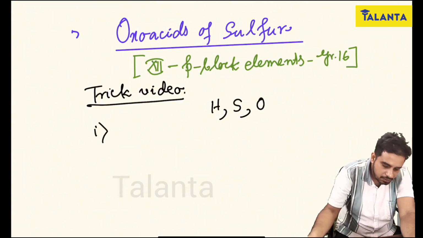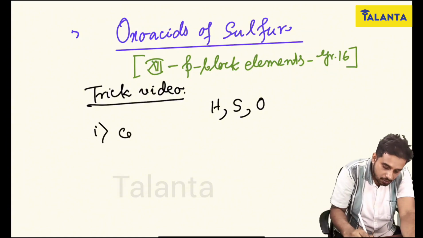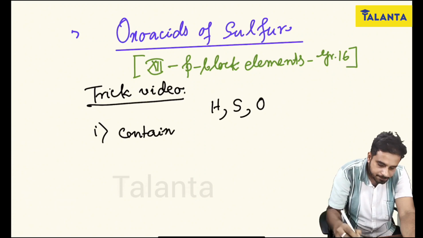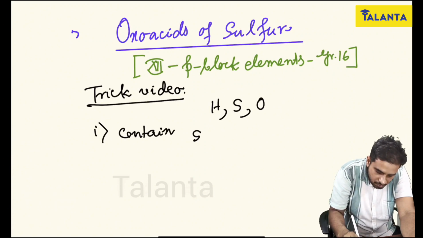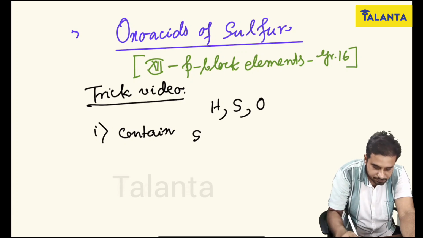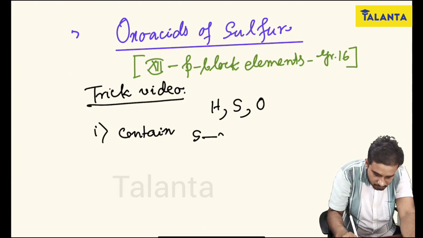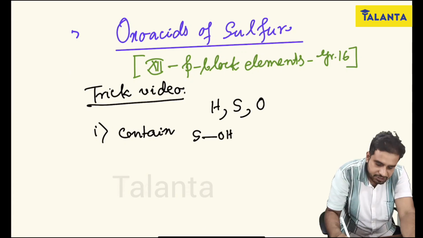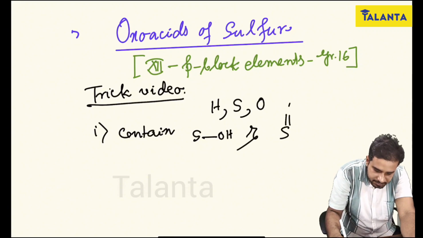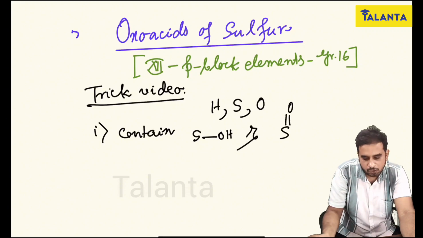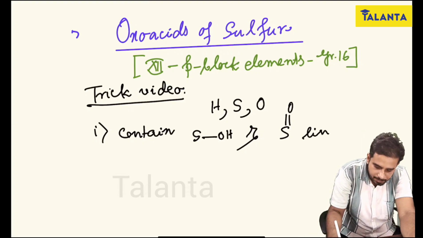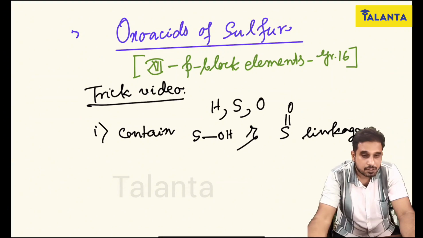Number 1, oxoacids contain S-OH and S double bond O linkages. That is the first one.